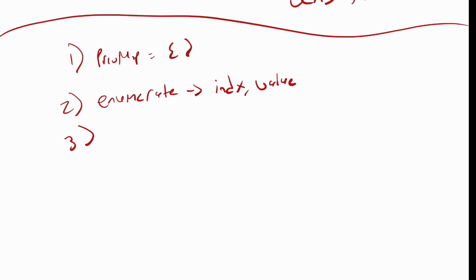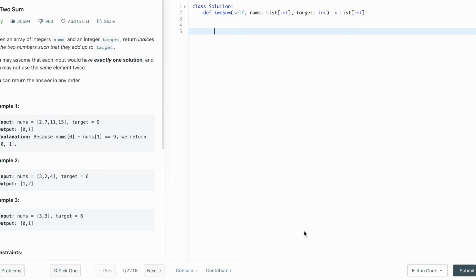Three, we need to keep track of our difference, because our difference is going to tell us what value we're looking for inside of our array to find at value number 2, right? And then finally, we'll just return the results of whatever we find. All of that kept in mind, let's now jump over to Leetcode and we'll write the solution and see if it works.